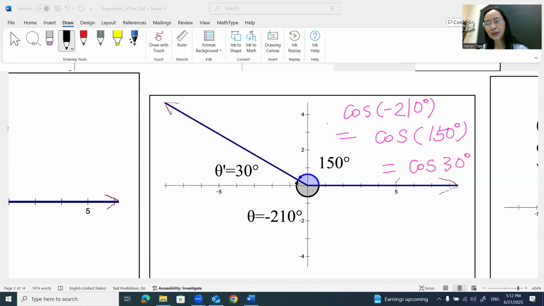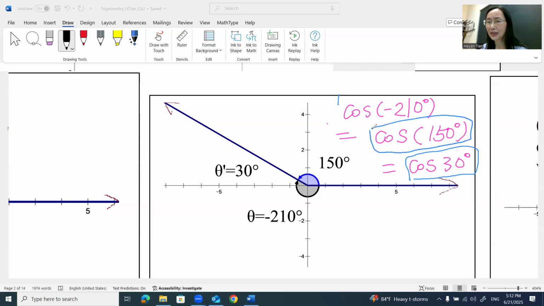But be careful, because 30 degrees is acute, so cosine 30 is always positive. But cosine 150 degrees is not necessarily positive.